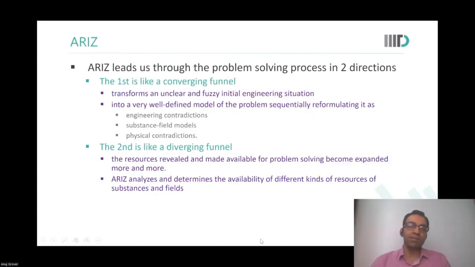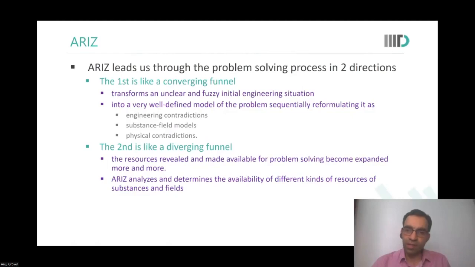Very interestingly, typically when you solve a problem, you're thinking of a converging funnel, is it not? We say that we will brainstorm, we will come up with lots of ideas, and these ideas will converge into one or two final good ideas. With ARIZ, there is also a diverging funnel.